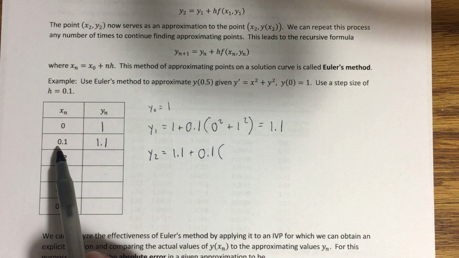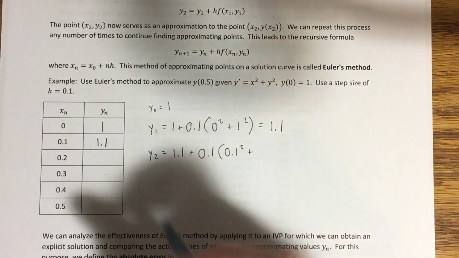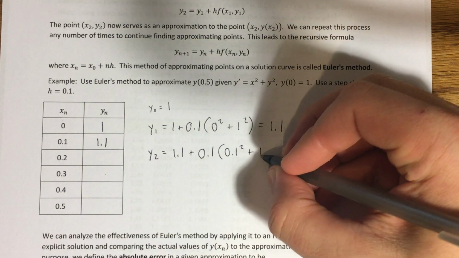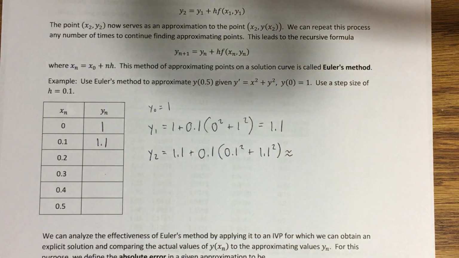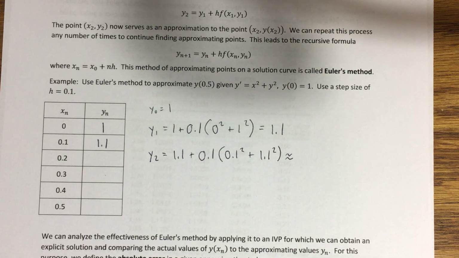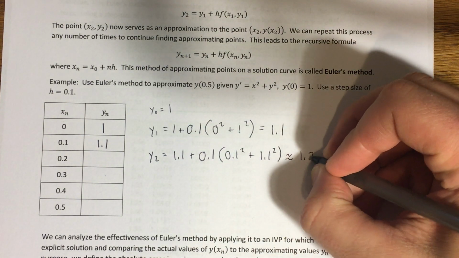In this case, x1 squared is 0.1 squared, and y1 we found up here is 1.1 squared. We're going to start rounding our answers, so my approximation here is approximately 1.22.